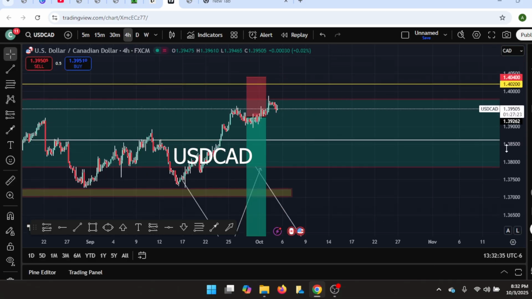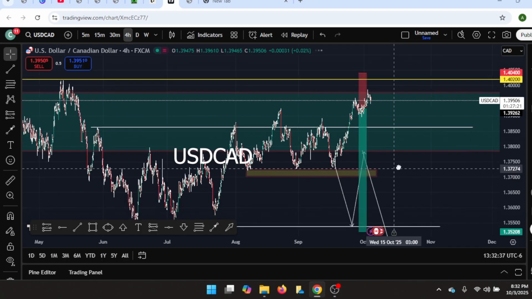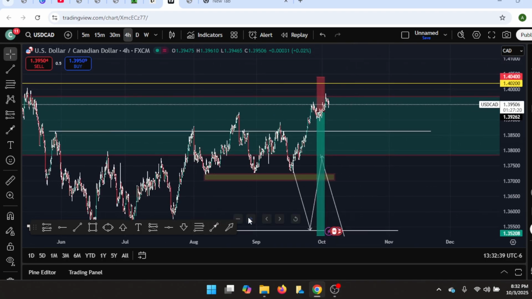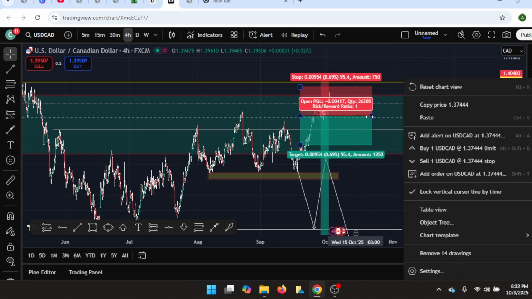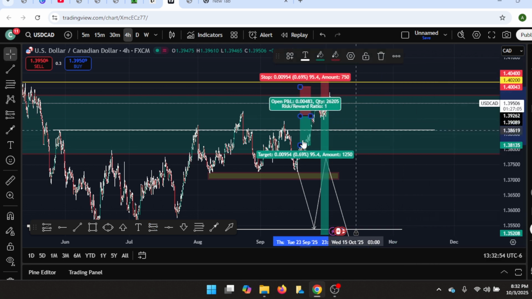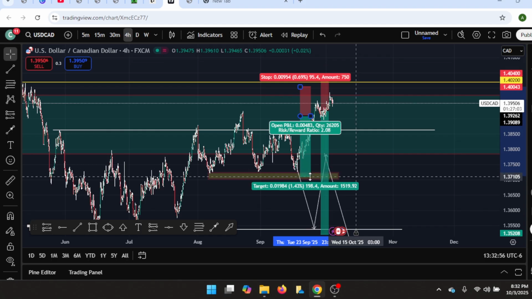As I said, I had some technical issues. We had a trade. We took a trade around this area, something like this, to take profit around this neckline area.